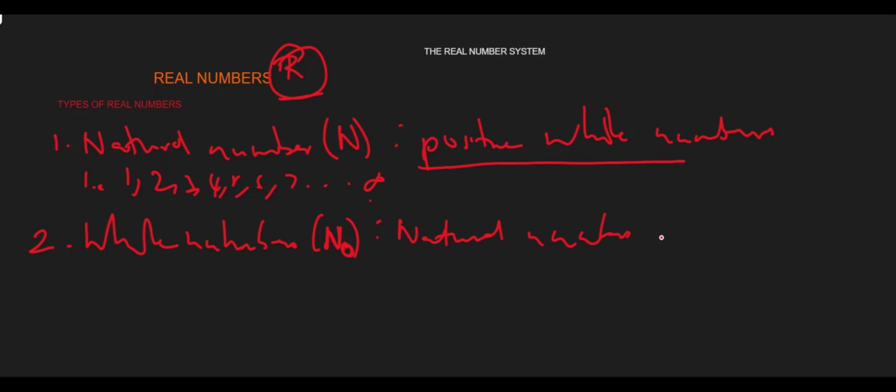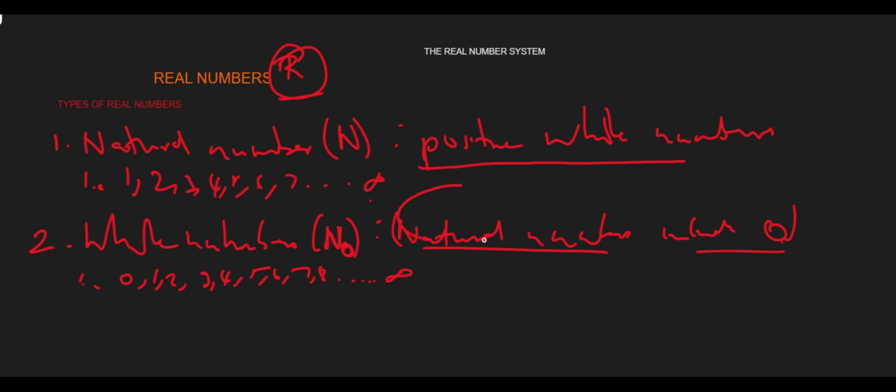So your whole numbers are your natural numbers including 0. That is 0, 1, 2, 3, 4, 5, 6, 7, 8 up until positive infinity. So your whole numbers include a 0.